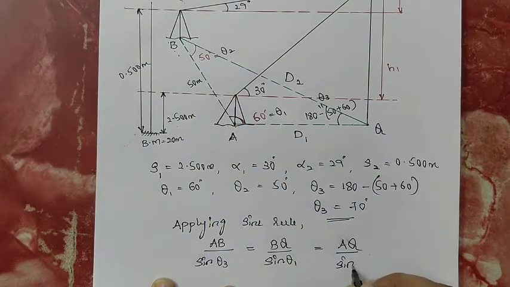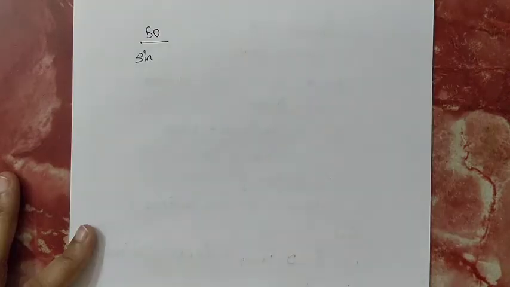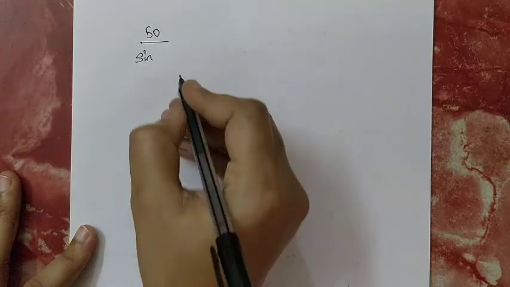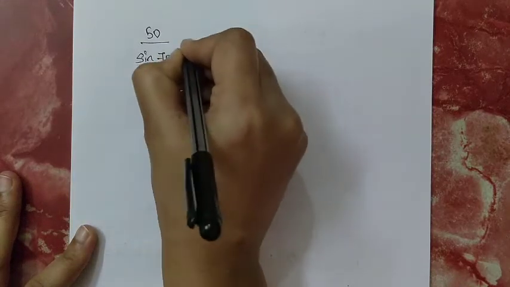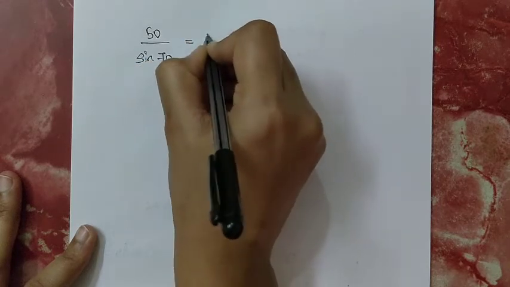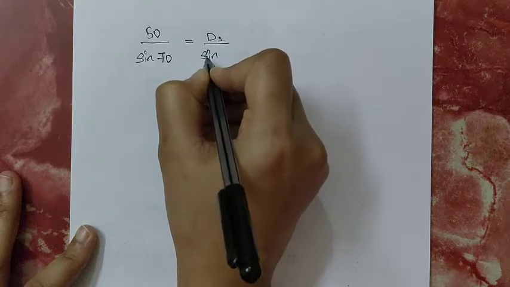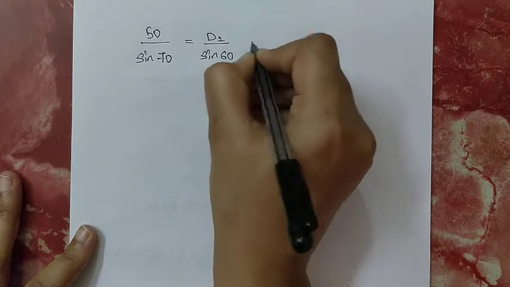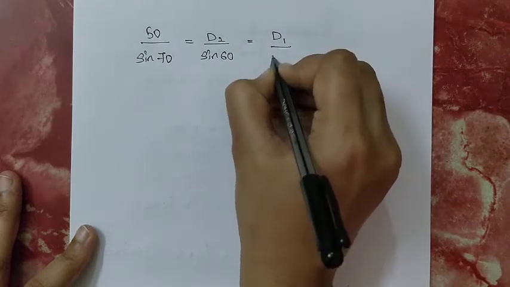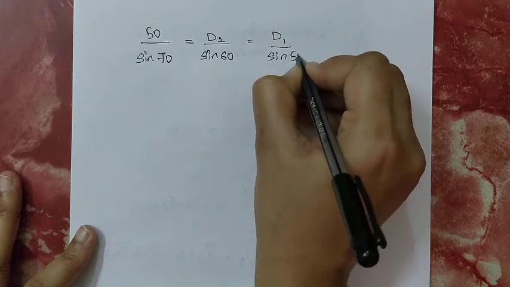Sine of theta 2. AB value is 50 divided by sine of theta 3, which is 70 degree, will be equal to the BQ distance, denoted by D2, divided by sine of theta 1. Theta 1 is 60 degree. That will be equal to AQ, that is distance D1, divided by sine of theta 2. Theta 2 is 50 degree.